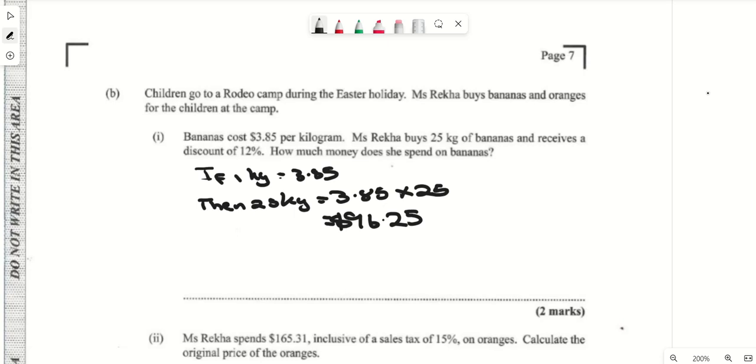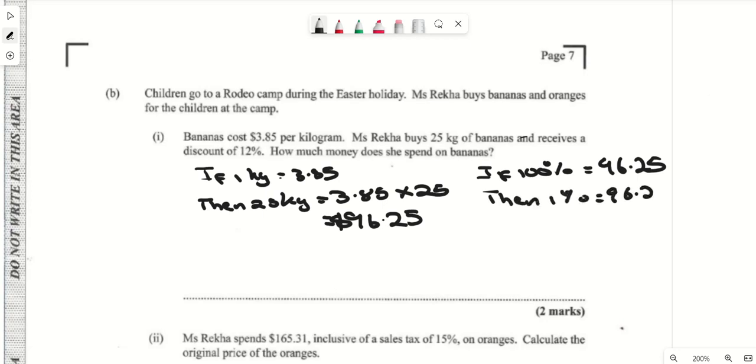There's 2 ways that you can do this. The first way, we know that before an increase or decrease in percentages is always 100. So discount is a decrease in percentage. So we can say if 100% is equals to 96.25, then 1% would be 96.25 divided by 100.